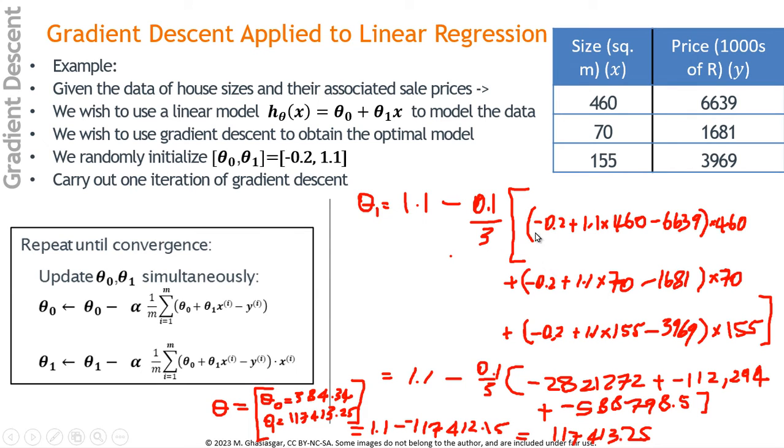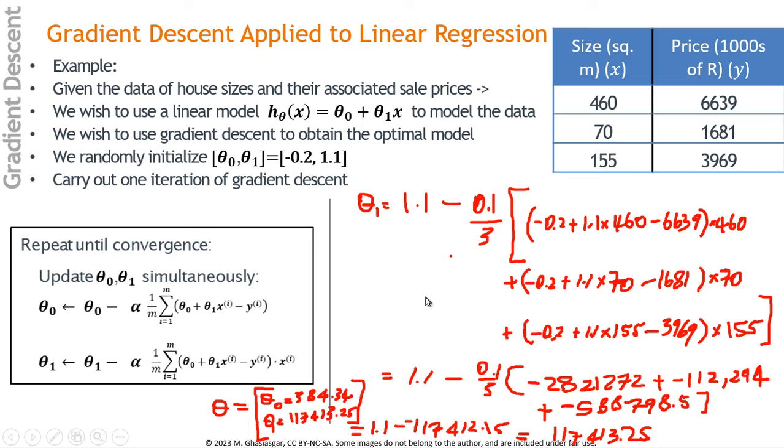So this is the initial value of theta 0 plus the initial value of theta 1 times the first value of x in the first row, minus the value of y in the first row. So this discussion follows along just like the discussion for theta 0. Now there's a difference here because you need to multiply by x.